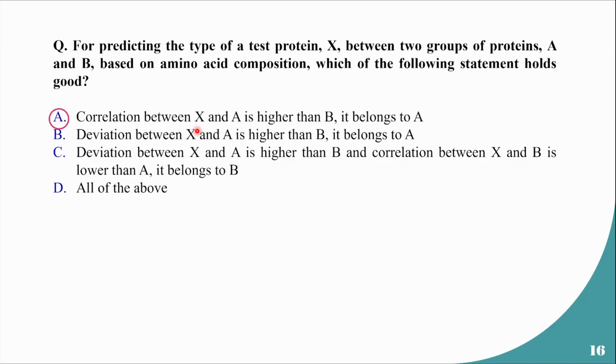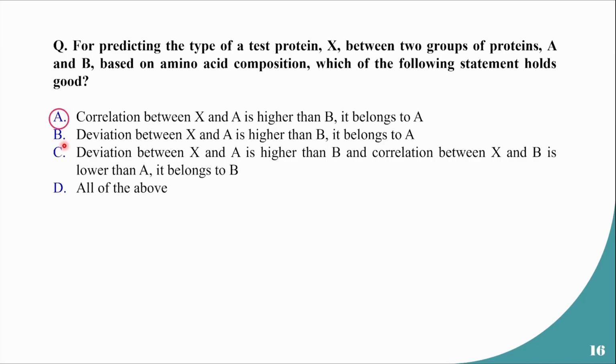In the context of composition that the question is asking, if you have X, the unknown protein, which has a higher correlation with A than B, then that will indicate that X is closely related to A and not that closely related to B. So if the correlation between X and A is higher, then the protein X will belong to group A, if you are just trying to infer that from this sort of setup, right?